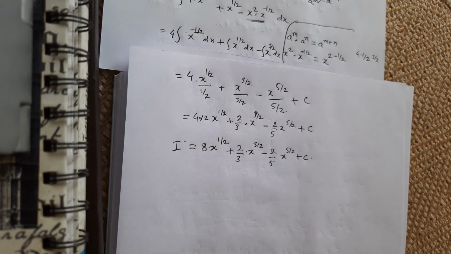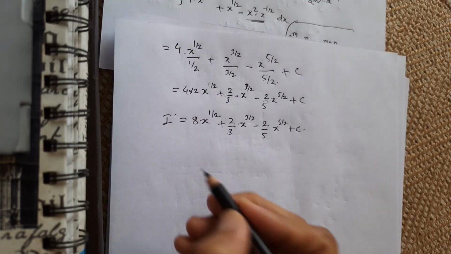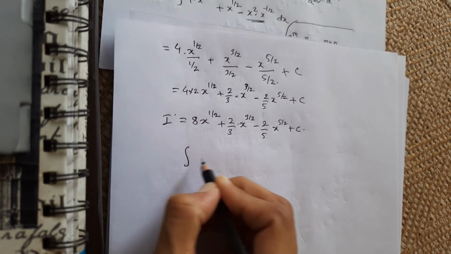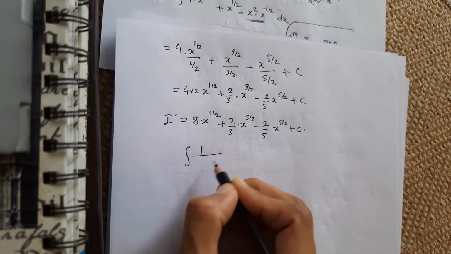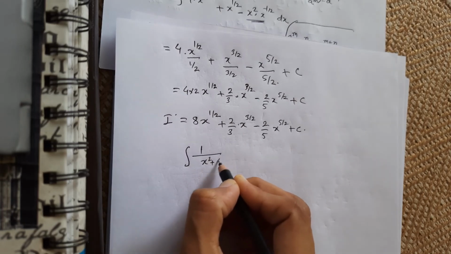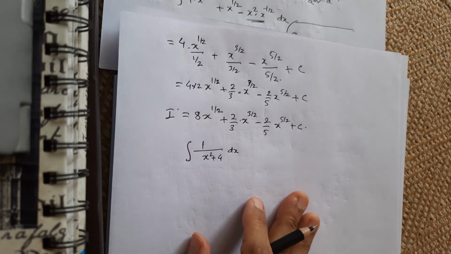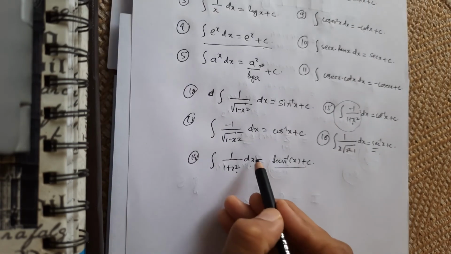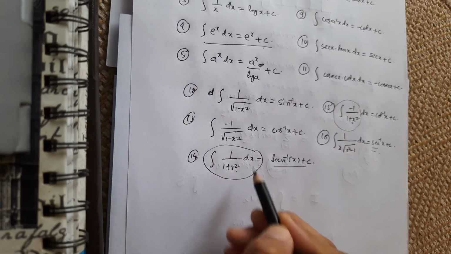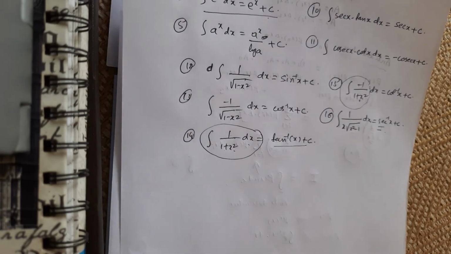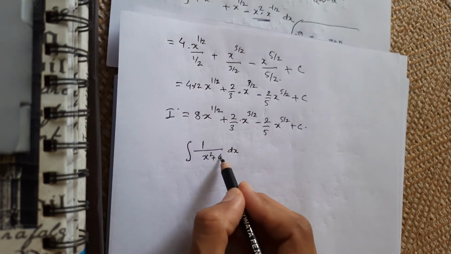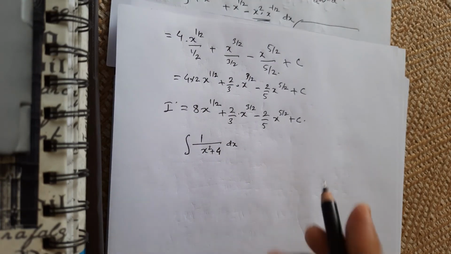Okay, so I hope you understand this. One more example: if I want to find integration of 1 upon x square plus 4 dx, then from the standard formulas I need to use this one, 1 upon x square plus 1 square. Instead of 1 I have a here, which we have not learned.